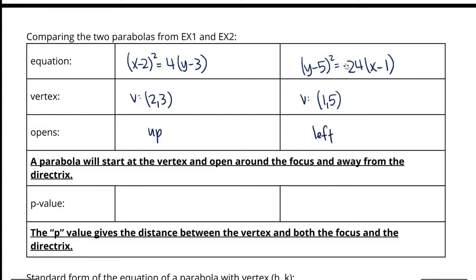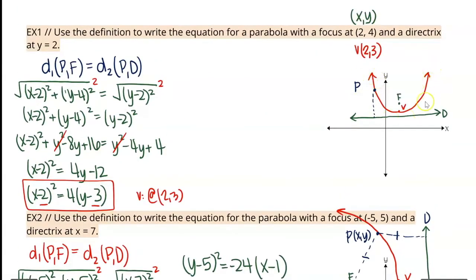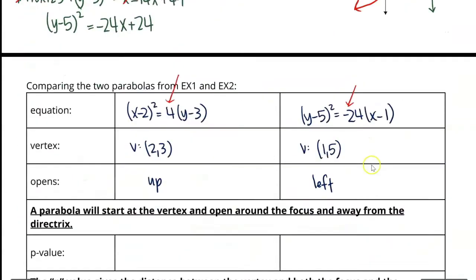And what this is going to stem from is whether this piece is positive or negative that we factor out of the term that doesn't have the squared, right? On the right-hand side, in this case it was the y, and in this case it was the x. But when we factored a term out, this 4 was positive, and we see that our parabola opens up, and you can see that it does, and the second one opens to the left.